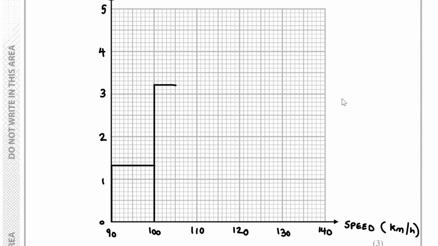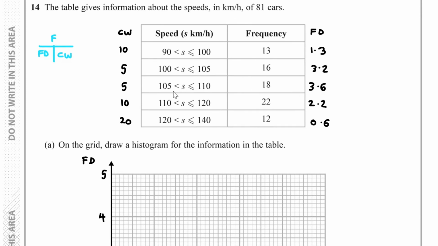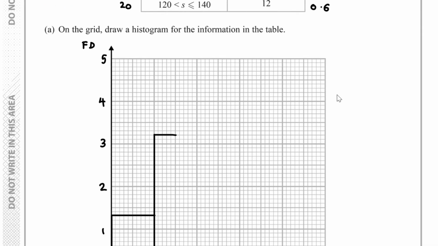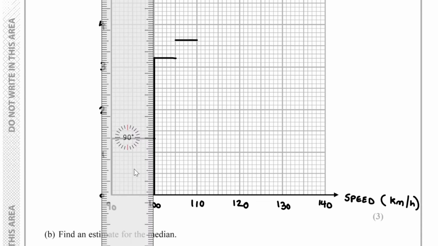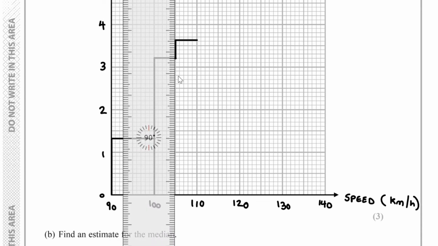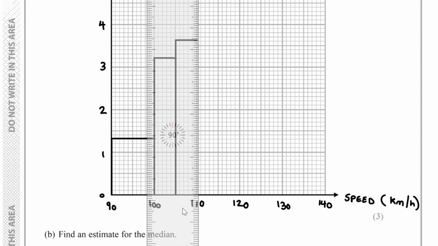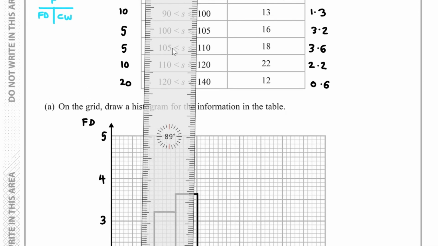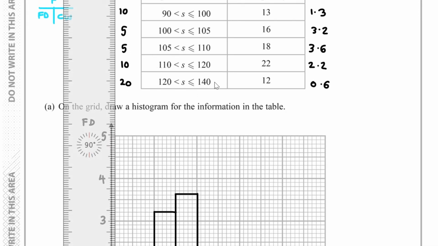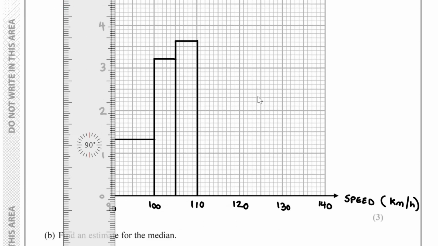Next one, between 105 and 110, we've got 3.6. So 3.6, that is over here. So let's just rule this section off here. So we've got 3.6. And then between 110 and 120, we've got 2.2.